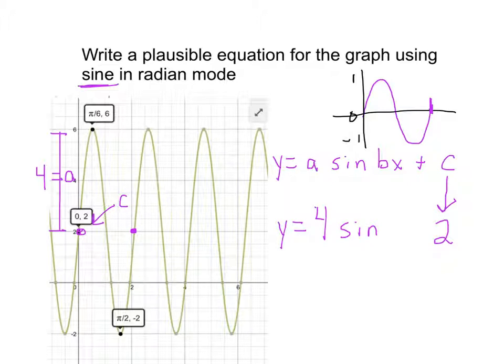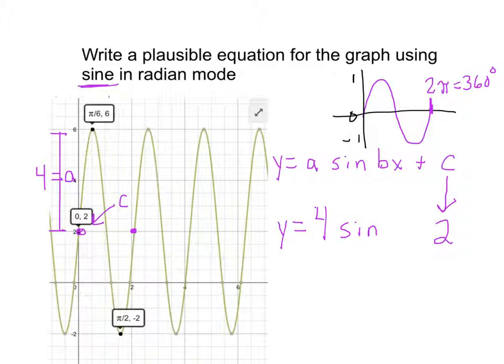How long does it take for one oscillation in a sine curve in either mode? 2 pi, which also equals 360 degrees. That's how long it takes. The reason we know that is because you think about the unit circle, it goes around once to do the sine curve. So our typical oscillation is 2 pi.